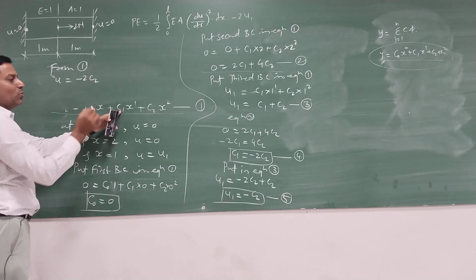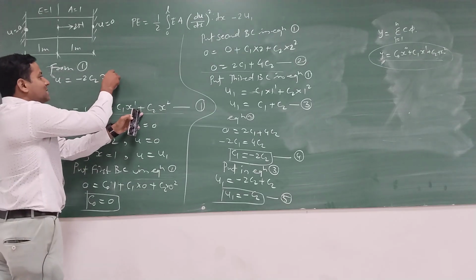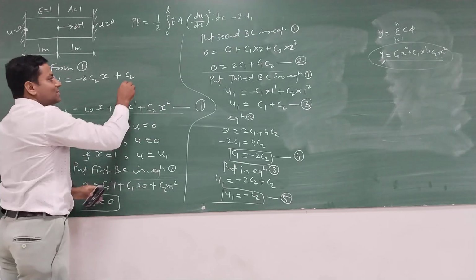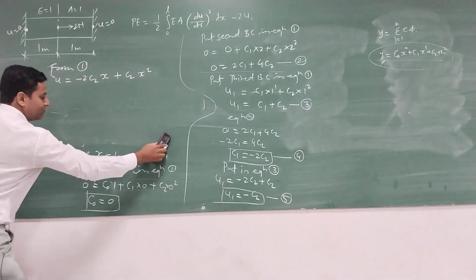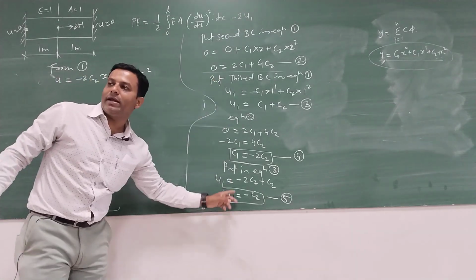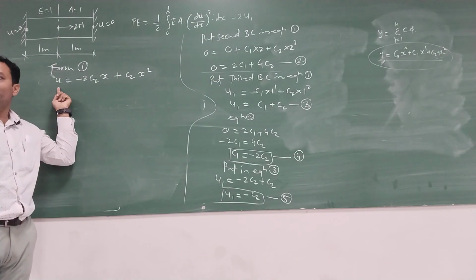Minus 2C2. X raised to 1 means X. Plus, I'll keep C2 as it is, X square. So these are the values that we have entered into equation 1. So this is the equation of U now.